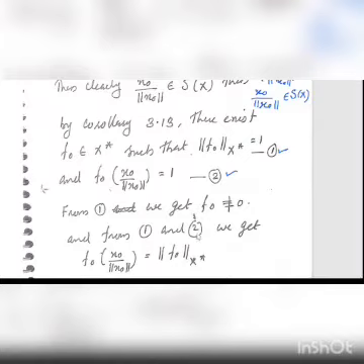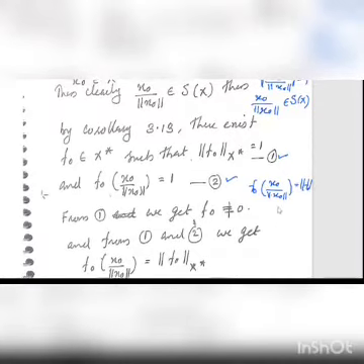And from 1 and 2, I can conclude that f naught of x naught by norm of x naught is equal to 1. Instead of 1, I can replace that 1 with the norm of f naught.